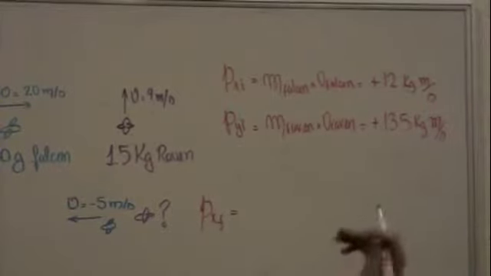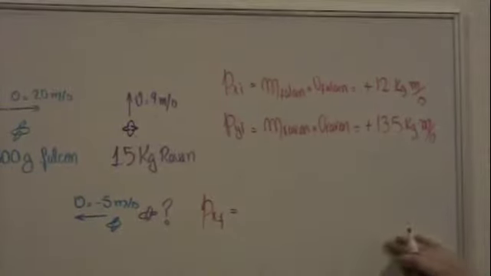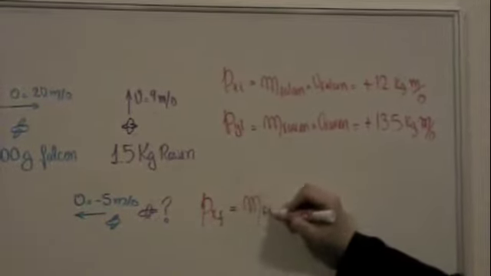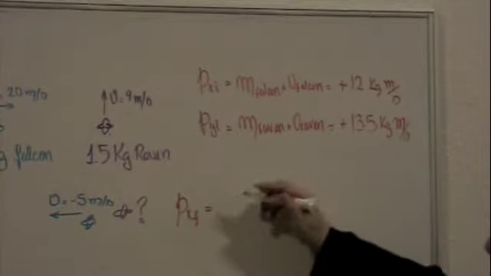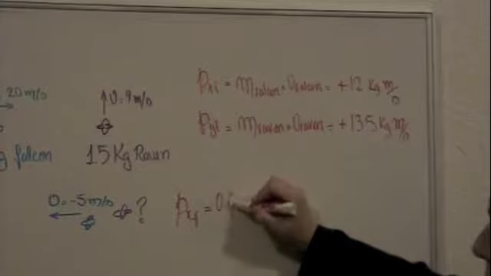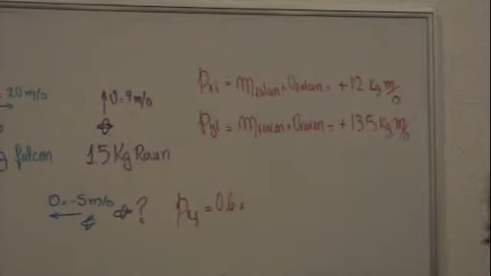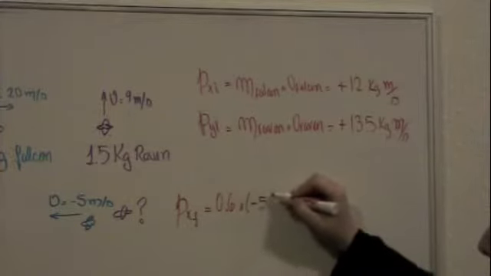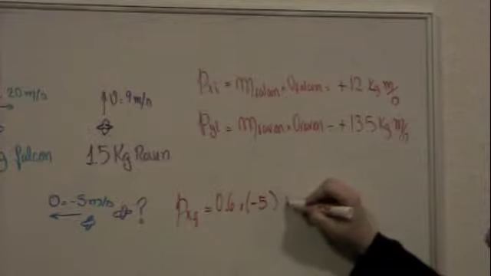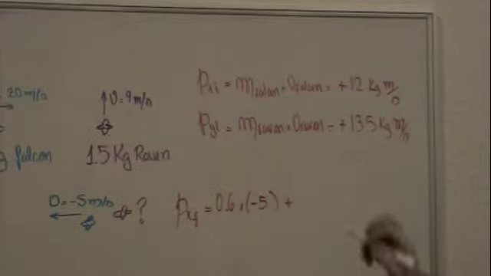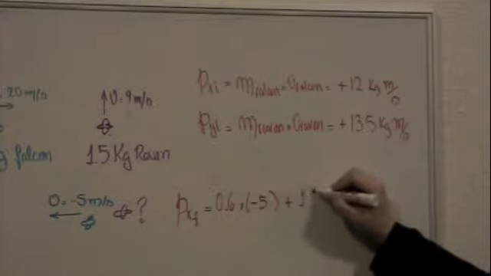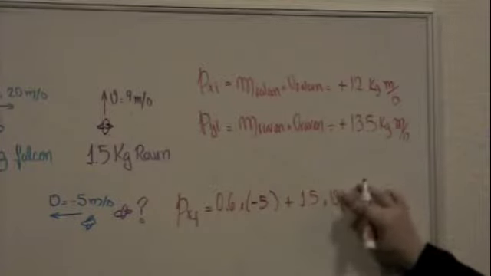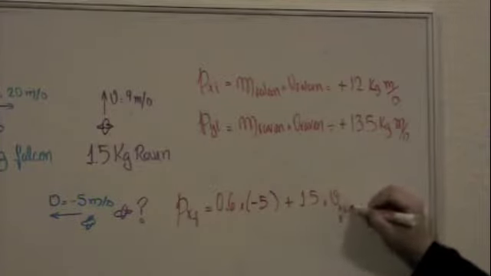So in the x direction, we have the mass of the falcon again. I'm going to put numbers here now. The mass of the falcon is 0.6 times the velocity of the falcon is minus 5 because it's now going in that direction, times minus 5 meters per second. And then there's going to be one component which is the mass of the raven, 1.5 kilograms, times the final x velocity of the raven.